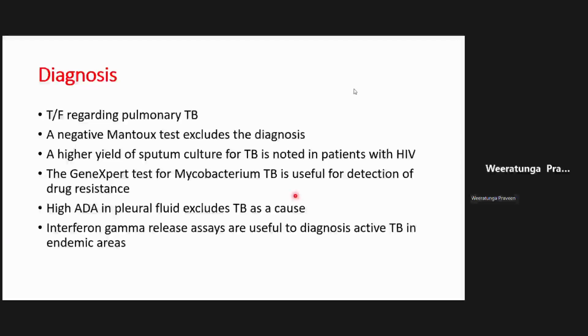Additionally, if you can do a pleural biopsy and that shows granuloma, that is almost diagnostic, 99% sensitivity and specificity. So exudate, lymphocyte, high ADA and pleural biopsy showing granuloma is almost 100% diagnostic of TB.